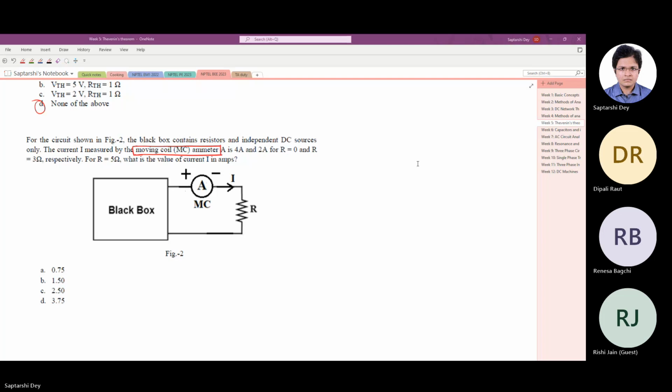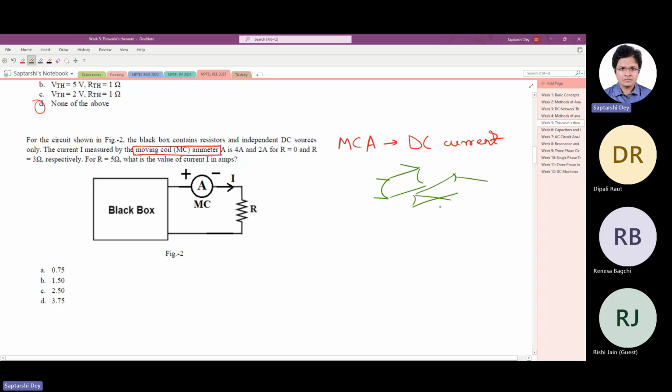What is a moving coil ammeter? A moving coil ammeter is used to measure DC current. At the end of this course, you will study DC machine. Then you will see that a moving coil ammeter is nothing but a DC motor, which has magnets inside and a coil inside.